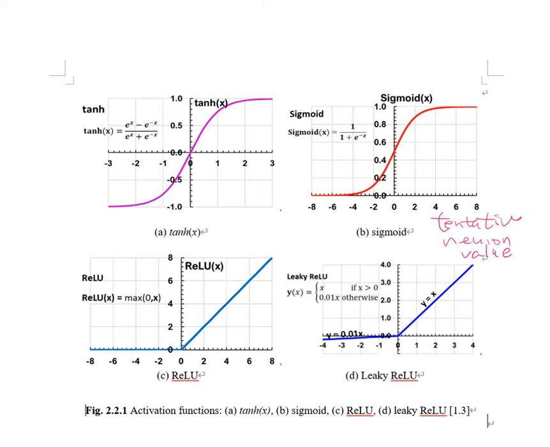For example, we have 8, maybe here 3, 0, and here we're going to check -2, and we're going to check -8. We'll check these values and how the sigmoid shifts the value from linear to non-linear.